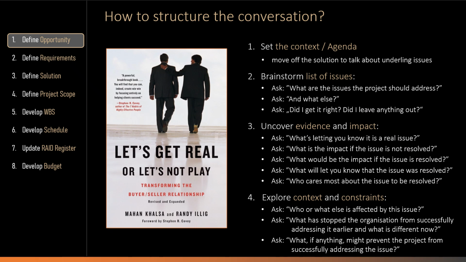In other words, what past impediments may still remain and have to be taken into consideration, as well as what, if anything, might prevent the project from successfully addressing the issue. In other words, what risks might affect success of the project. By summarizing what the client says and asking clarifying questions, you will not only understand what the project needs to deliver, but also build customer trust and engagement.